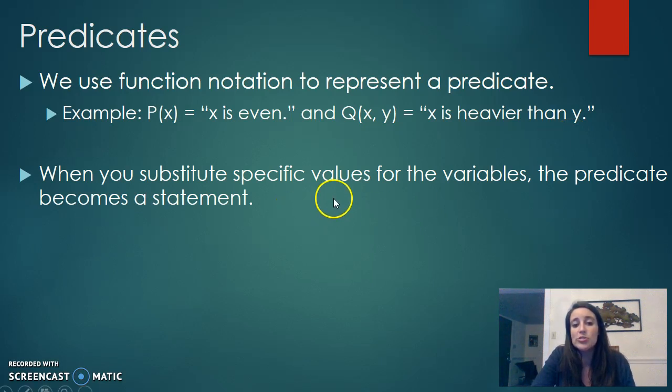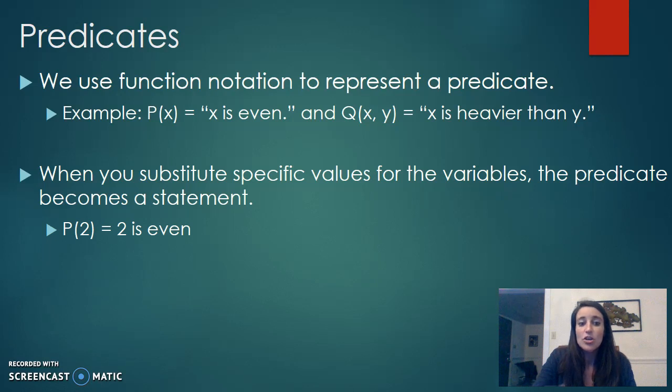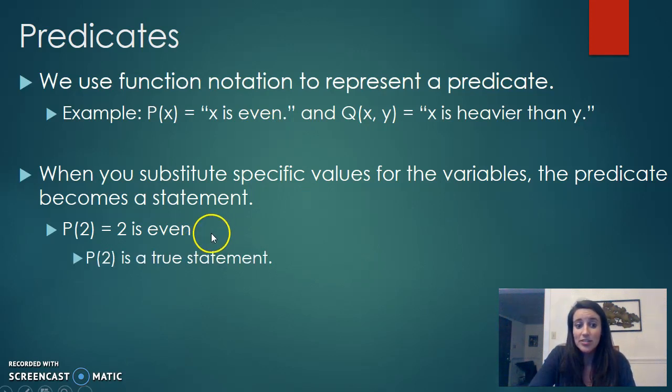When you substitute specific values for the variables, the predicate becomes a statement. So if we substituted a 2 into the predicate P, we would have the sentence 2 is even. That sentence is always true, so P of 2 is a true statement.